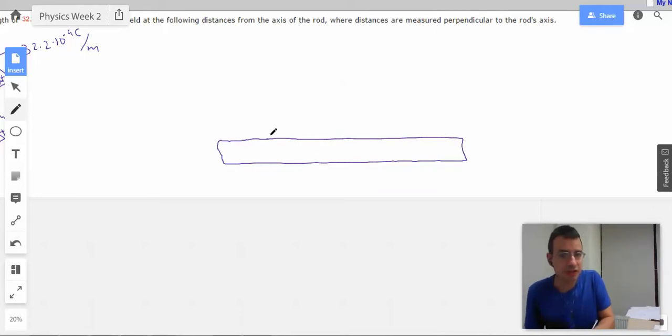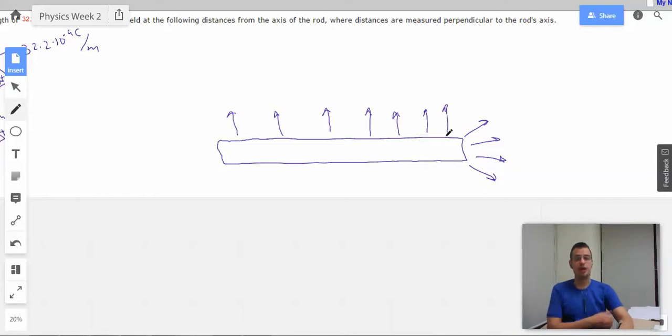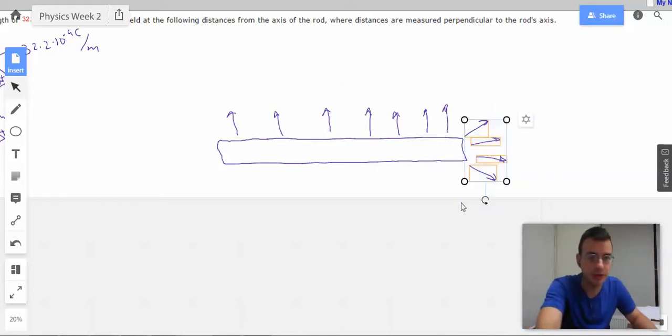This goes on forever. It doesn't look like forever, but it goes on forever. And it has positive charges, so it's going to have charges like this. So basically what it means is that you don't get this effect where it goes sideways like this. That would mean that there's an end, and we're not worried about the end. So we have all the charges going uniformly, radially outward from the rod. That's where they're going with this.